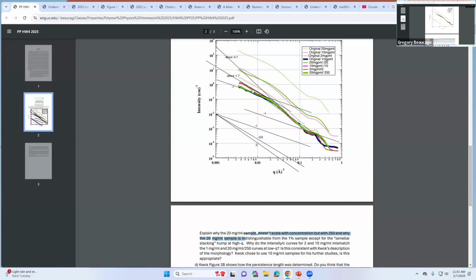So the 10 and the 20 are going up. Even 2 is going up, I guess, so even 2 is above the overlap concentration. And then the 20 goes nuts. The 20 is insane. It's not a homogeneous system if you need 12 times the concentration you put in to get it to match.